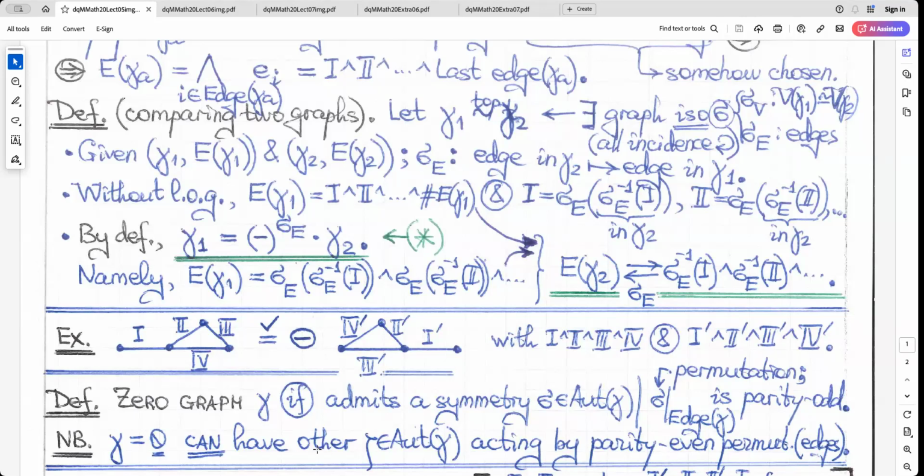Every graph is equal to itself. If one graph is equal to another, and that to a third, then the first is equal to the last, and it is symmetric. Linear equivalence relation means that when we have a formal sum of graphs, we can do such relabeling of vertices, relabeling of edges, change of order of edges in every graph, in every component, independently of what we do in other terms of the sum.